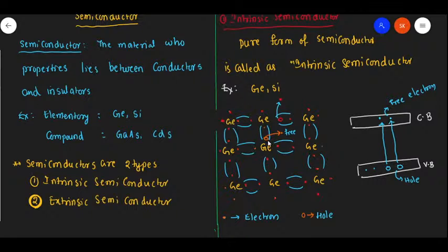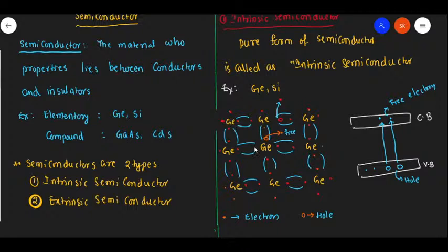But actually, due to the holes also, current flows in an intrinsic semiconductor. You see here, for example, the hole is there. What is the meaning of hole? A vacancy for an electron is called a hole. The vacancy is created here, and that vacancy is filled with the neighboring electron.